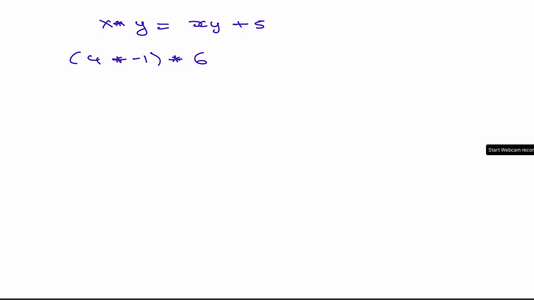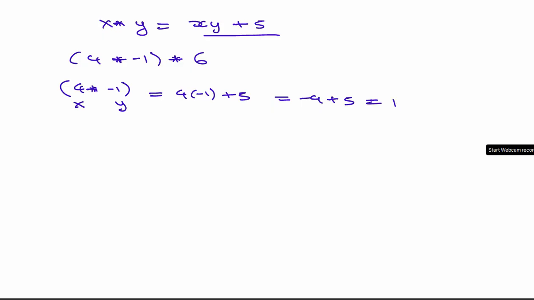Let's find 4 star -1. That means this becomes x and this becomes y. So it is the matter of replacing in the formula there. Where there is x, we put 4, and where there is y, we put -1, plus 5 there. So our answer is -4 plus 5, which gives us 1.